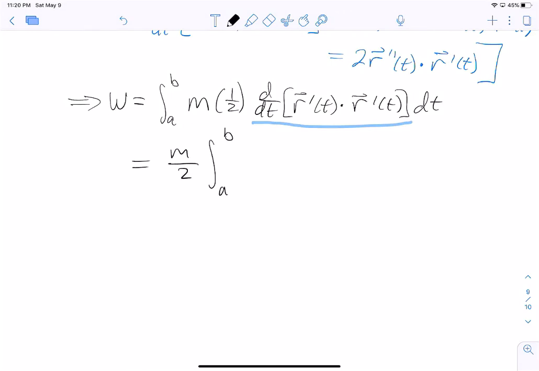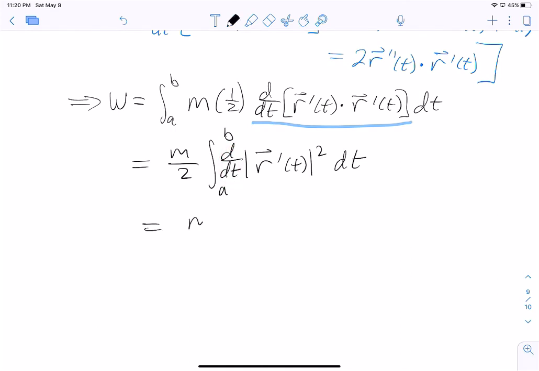We have the integral from a to b, and r prime dot r prime is the same thing as the magnitude of r prime squared dt, and there was a derivative there, right? So now work becomes m over 2 times the integral from a to b of the derivative of the magnitude of r prime of t squared dt. And we have an integral of a derivative.